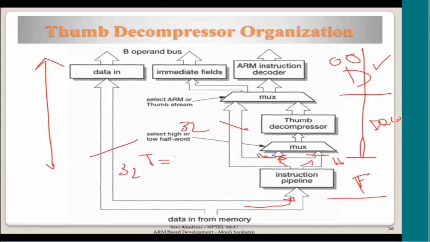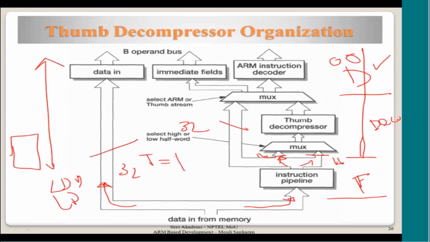This is 32-bit wide. Why? This is typical data being read using LDM, STM, LDR or STR. Those instructions will fetch 32-bit data anyway. I told you that memory is a 32-bit memory, so 32-bit data only will be read by the processor, either in Thumb state or ARM state.